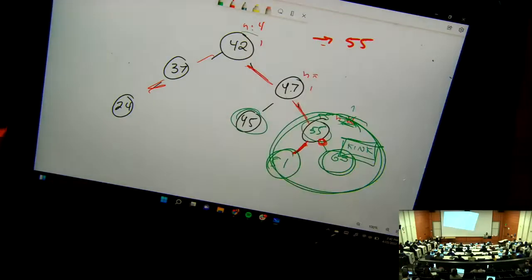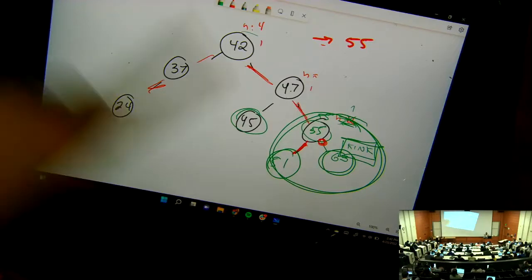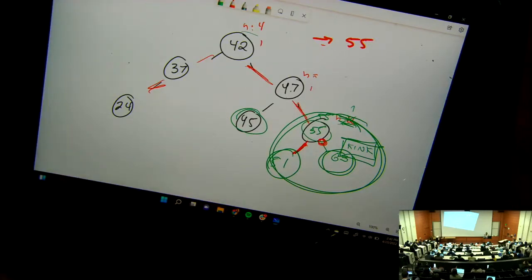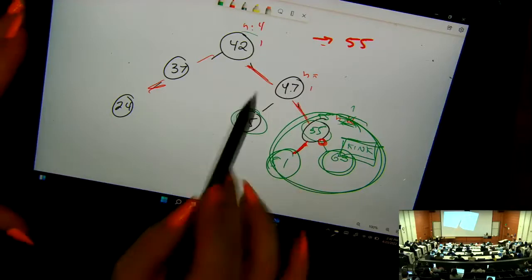Yes, question? Just to clarify, is the counting of height relative to a specific node? Like we could count from 63, 51, or 42? Or is there a specific convention that we count from bottom to top? Like when we were determining the imbalanced moments? Yeah, the height. So we always count in terms of this.